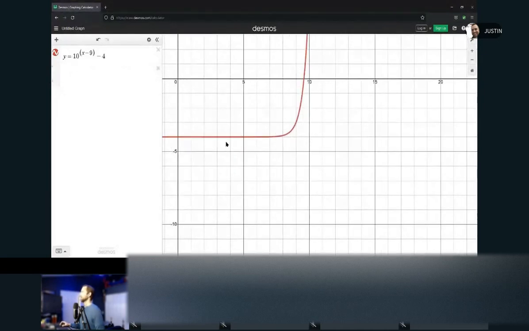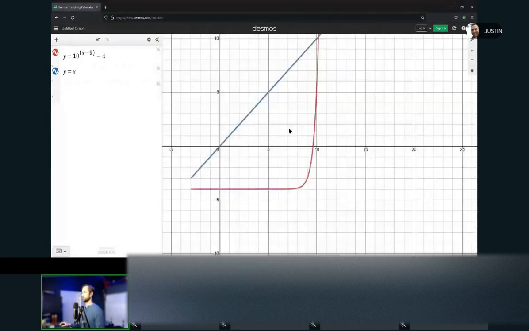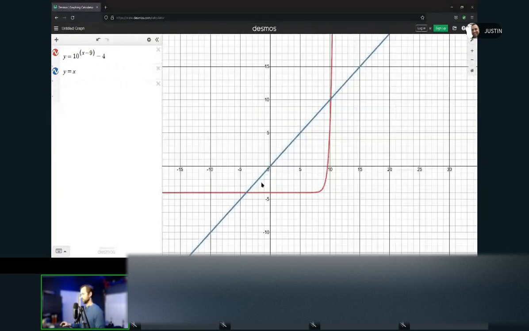There we go. So that was the original function. Now we do know that our graph should be reflected over the y equals x line. Remember last week we learned that inverses are always reflected over y equals x. Let me change that into a dashed line.